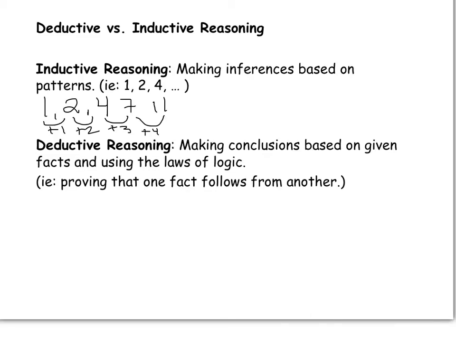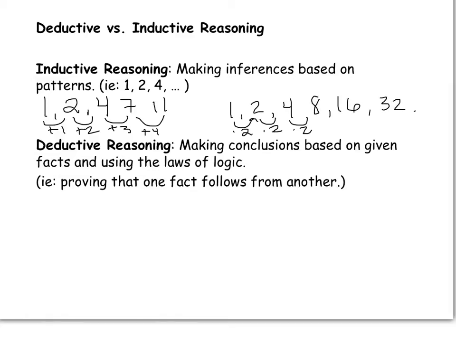And I can justify this pattern based on the 3 first terms that I'm given. So that's inductive reasoning. The problem is that might not be the pattern that the writer intended. Perhaps the pattern was 1, 2, 4, and instead I'm doing times 2, times 2, times 2. The next one should be 8, and then 16, and then 32, etc.